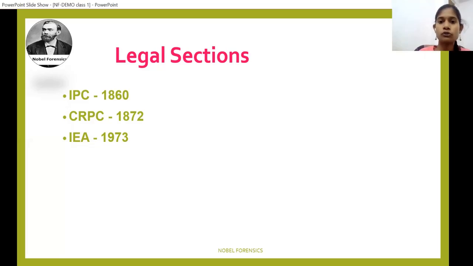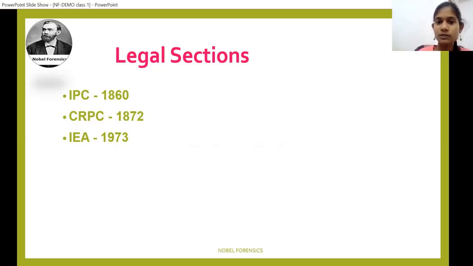For example, 299 IPC to 310 IPC are all related to murder and death. 304B IPC is dowry death. In the same way, 498A IPC is also related to dowry death, like torture of the woman in case of dowry death.